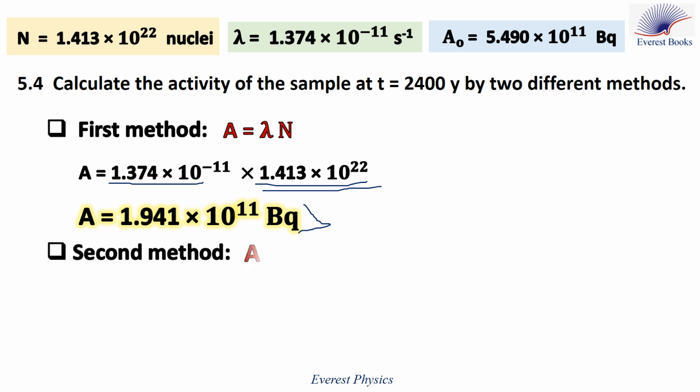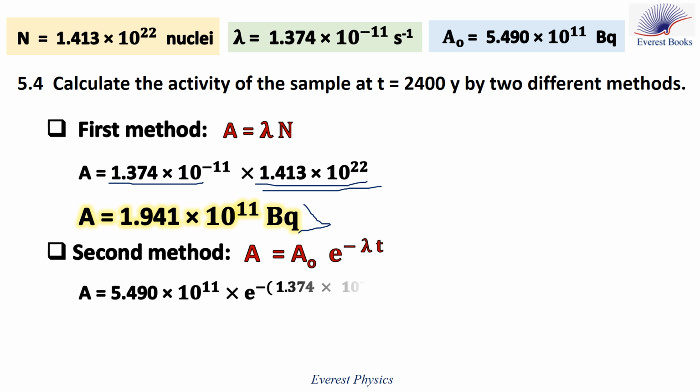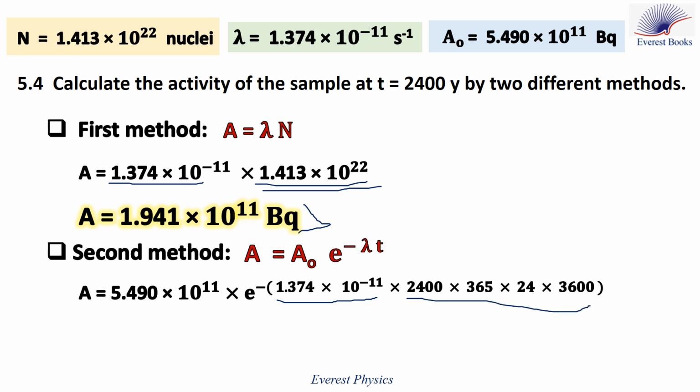In the second method, we're going to use the law of radioactive decay. Replace each physical quantity by its value. Again, pay attention to the units. The unit of lambda is second to the power minus 1. Then the unit of time should be second. For example, if the unit of lambda is day to the power minus 1, then the unit of time should be days.